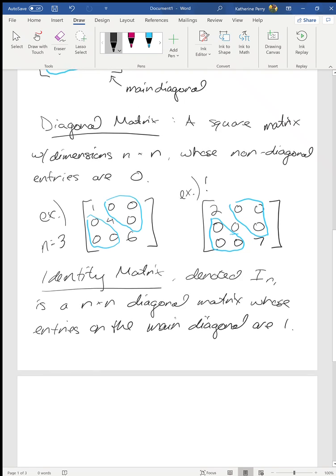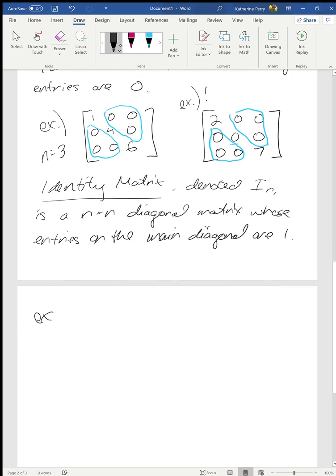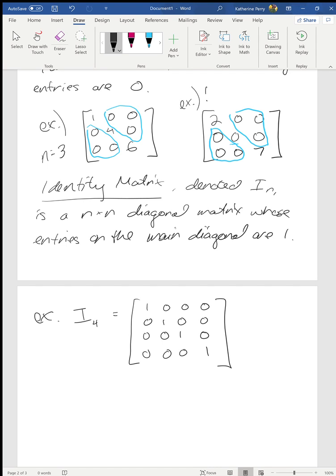And so for example, I4 is a 4 by 4 matrix where the entries on the main diagonal are all going to be 1. Okay, and so this identity matrix is a special matrix, and we'll use that one a lot.